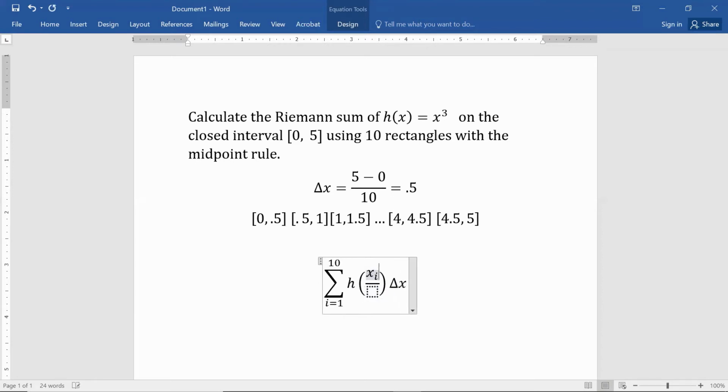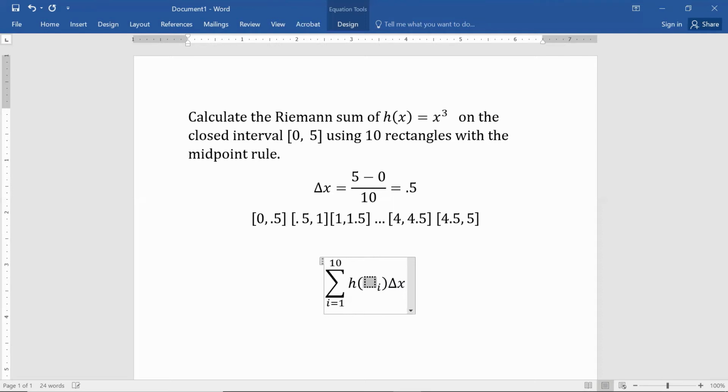x sub i plus x sub i plus 1, over 2. So you can write the midpoint like that. I think I'm just going to write m sub i for midpoint. Or if you'd rather, it's not that big of a deal if you write x sub i, but you know that that's a midpoint.